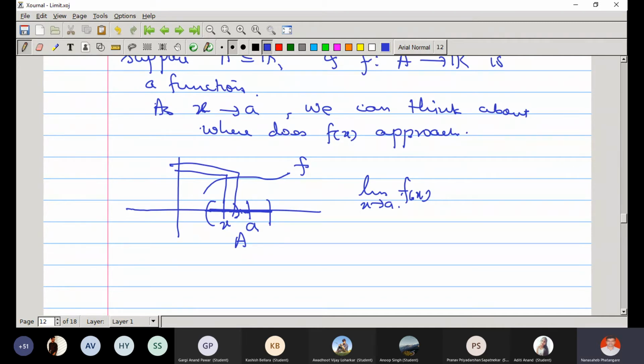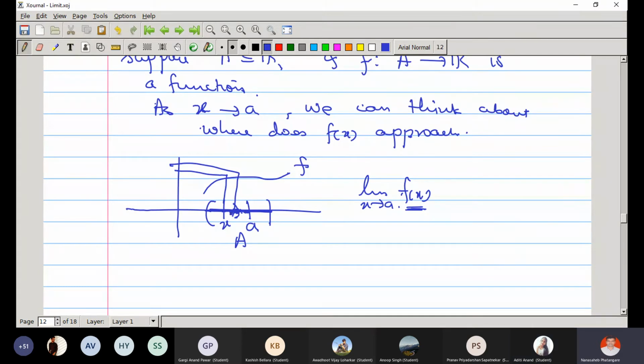When I am saying x tends to A, at this instant x is tending to A, but where is x? In the neighborhood of A. Very good. So at this moment x is near A. Near A means in the neighborhood of A. And therefore if x is near A, what does it mean for f of x to make sense? Yes.